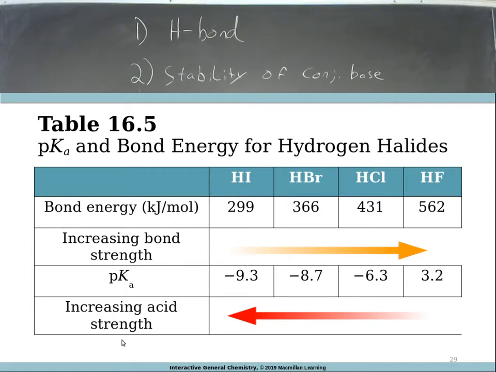That's why it so readily gives up the hydrogen. If we look at HF, that's actually a pretty strong single bond. That's almost as strong as many double bonds. And so that's why HF, hydrofluoric acid, is considered a weak acid with a pKa of 3.2.